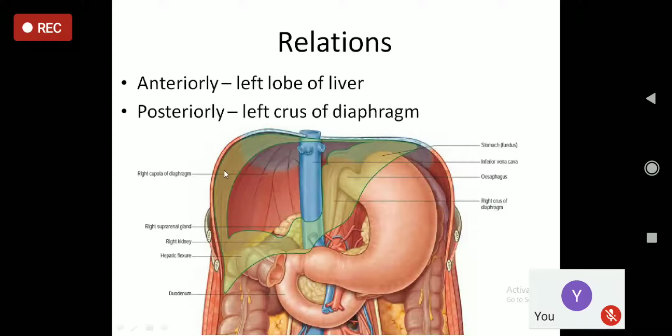This is the liver. So it is related with the left lobe of liver anteriorly, and posteriorly it is related with the left crus of the diaphragm. Here, right and left crus of the diaphragm. So this left crus of the diaphragm is the posterior relation of the abdominal part of esophagus.